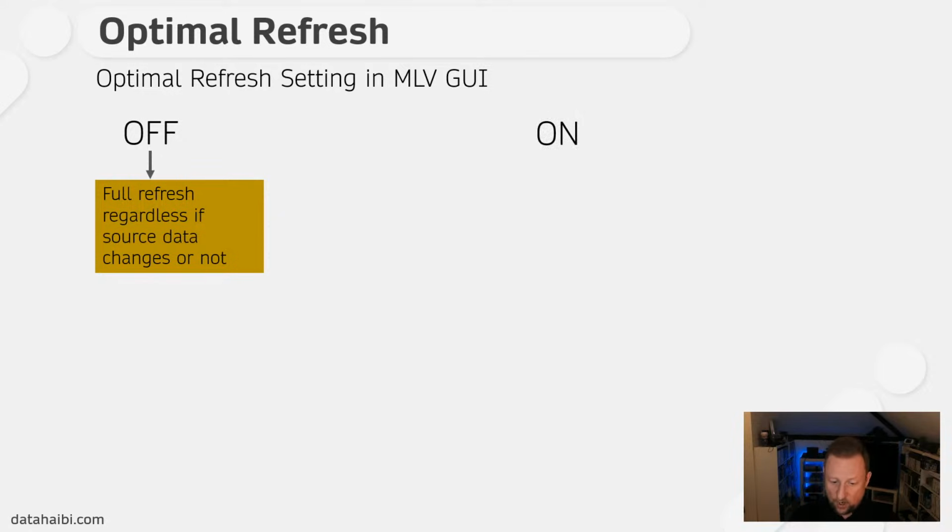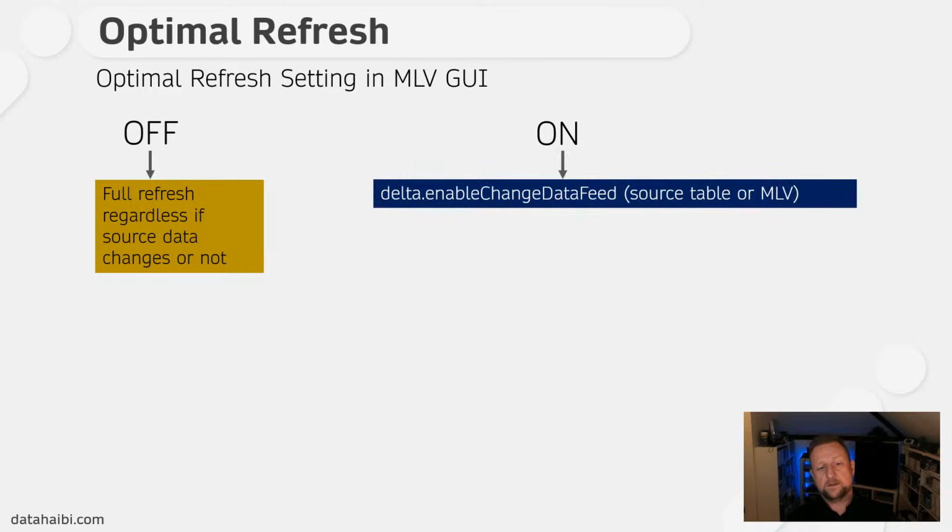If you switch it on, then the behavior depends on other settings. There is a Delta feature called CDF, Change Data Feed. This enables you to pull out changes a little bit like CDC. If anyone's familiar with change data capture in SQL Server, Azure SQL Database, or any other relational database that has change data capture, this is the same thing, right?